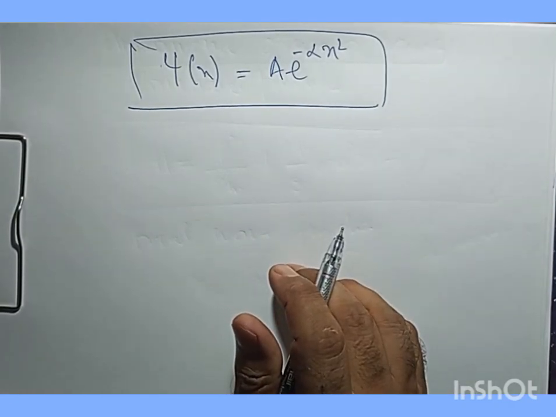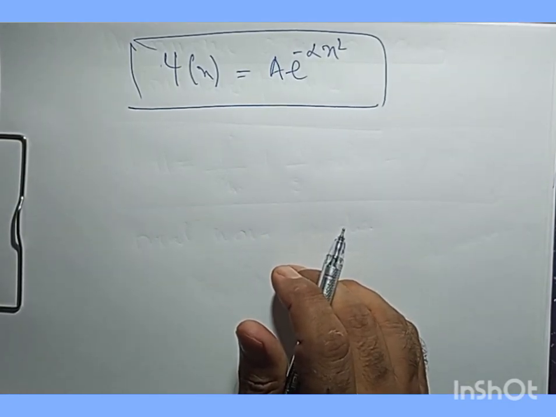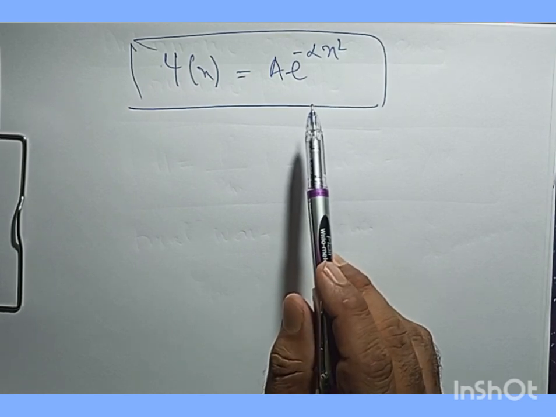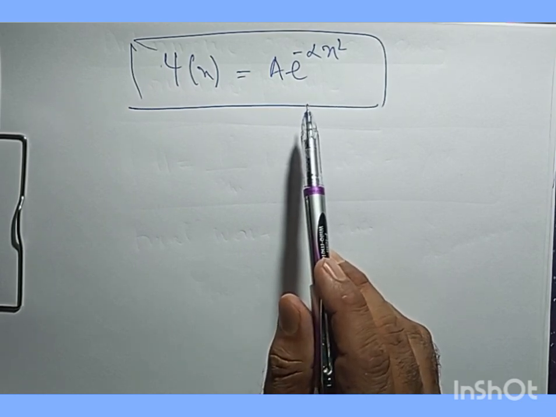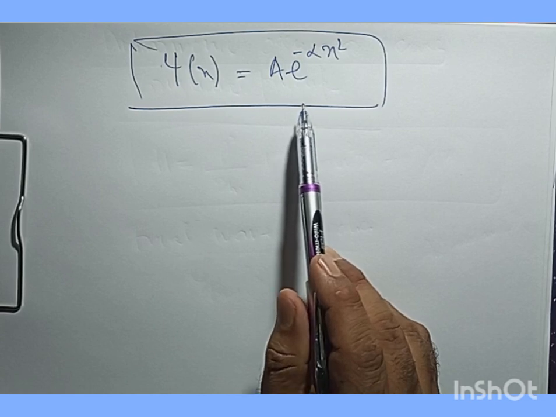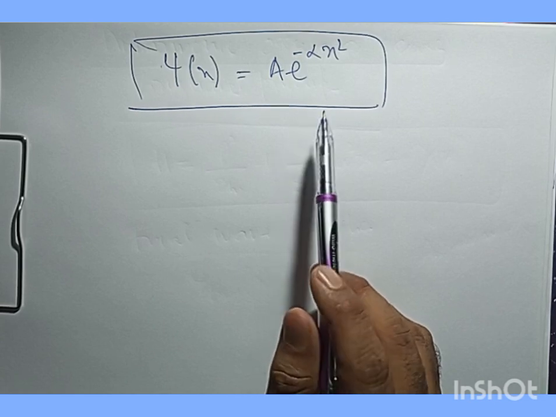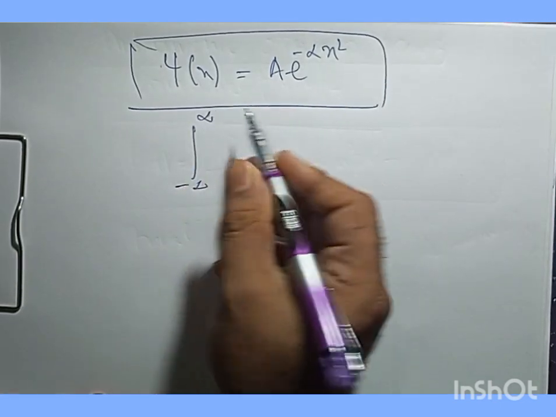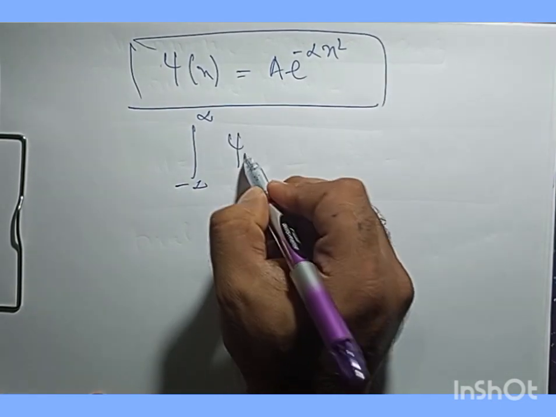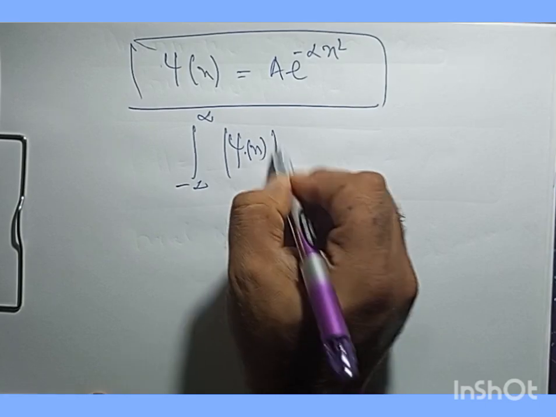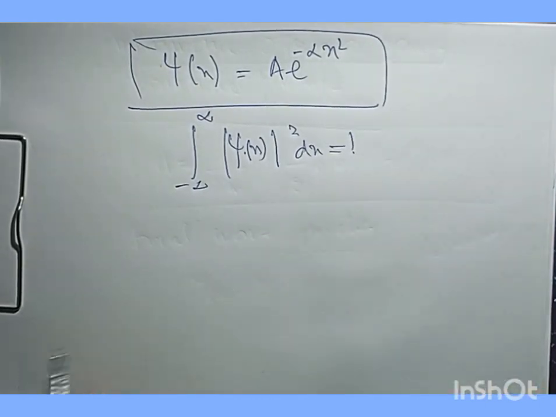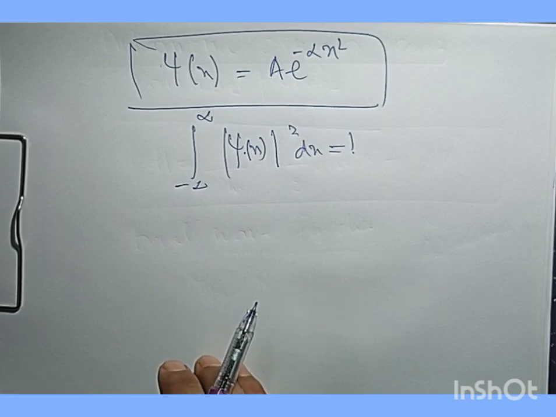Here alpha is a variational parameter that controls the width of the wave function, and A is a normalization constant, which ensures that the integral from minus infinity to infinity of the trial wave function psi of x, whole squared, dx is equal to 1. And what we do here is apply the variational principle.